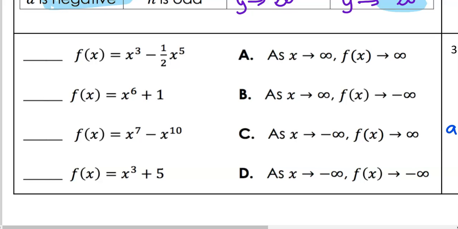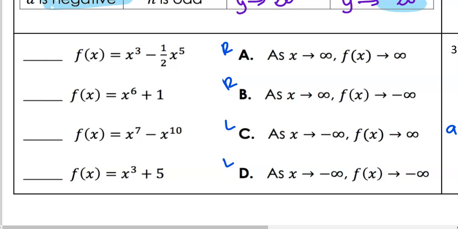And the other way, as x goes negative, y's are positive. As x goes negative, y's are negative. They're all going to have 2 answers, by the way. So I want both ends for each function. Does that make sense? Remember, this is left side. This is right side. Okay, so work on that.